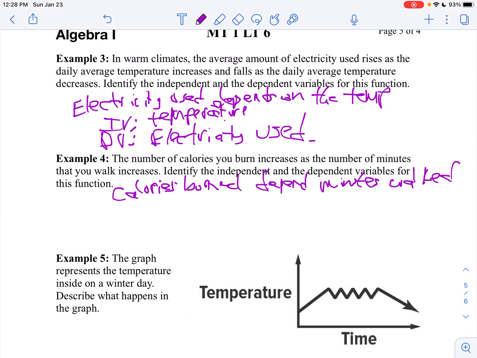So in other words, my minutes walked is my independent variable. Change colors here so we can see that. And my calories burned is going to be my dependent variable.